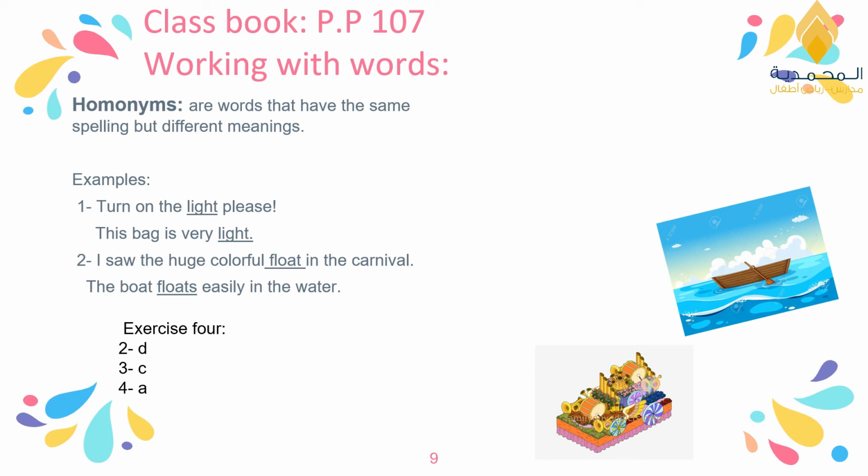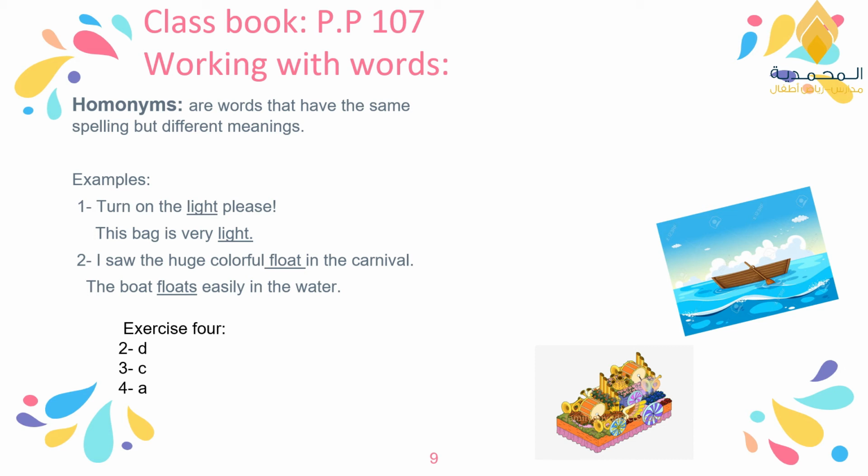We are going to match the homonyms. Number 1 with B. It is the word stamp. Number 1, stamp. Letter B, stamp. Number 2, we have a float.